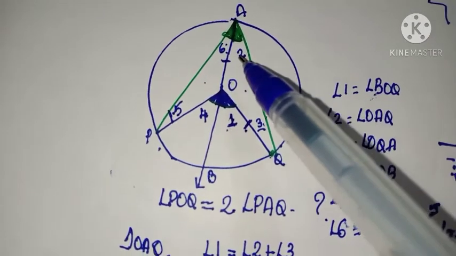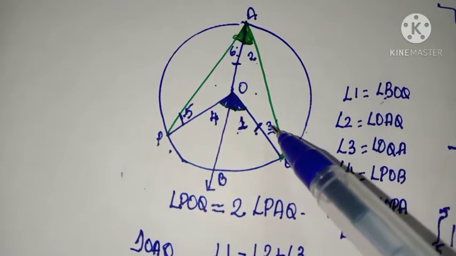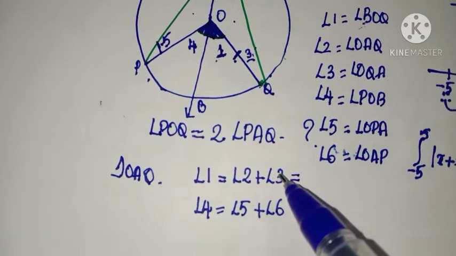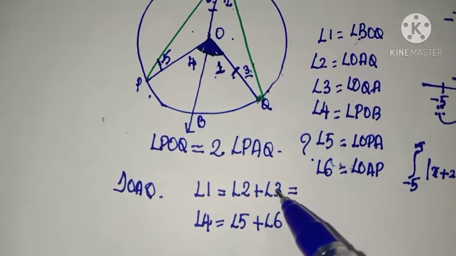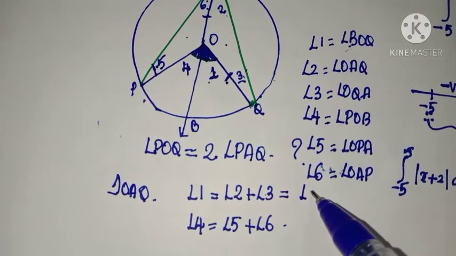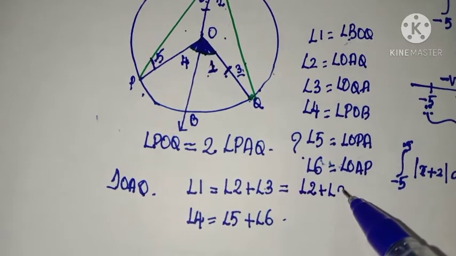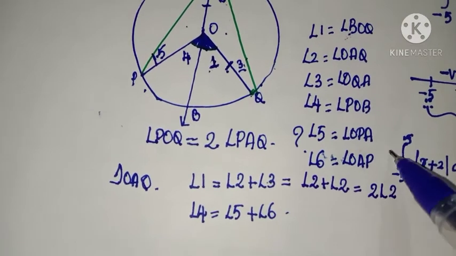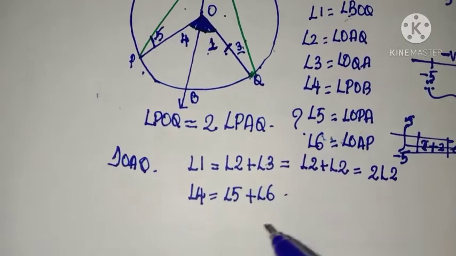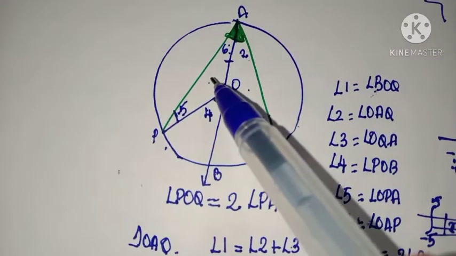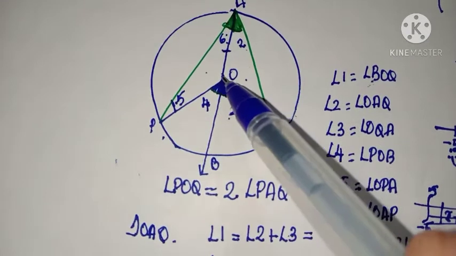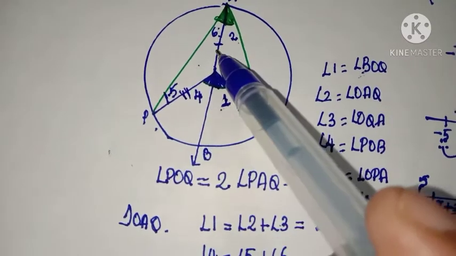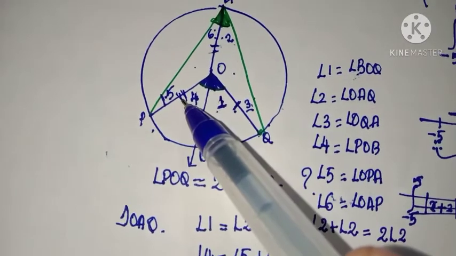So angle 2 is equal to angle 3. In this equation, I am going to replace angle 3 with angle 2. So angle 2 plus angle 2 is equal to 2 angle 2.